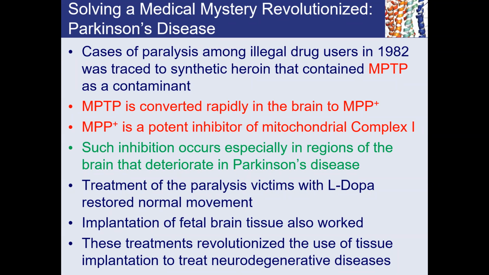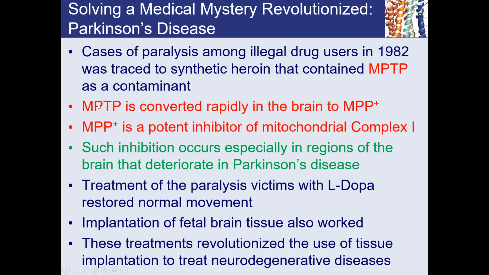And that tragedy was happening because there is a molecule that was actually found in these illegal drugs called MPTP. Okay, MPTP stands for 1-methyl-4-phenyl-tetrahydropyridine. I'll show you the structure in a minute. I think it's in the next slide. But basically, it's a compound that is found as a contaminant in this synthetic heroin.